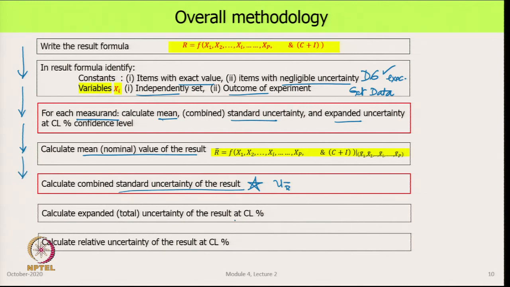Then we get the value of KCL, and from there we get U r bar, and then the relative value, u hat r bar. And then we use this data for doing whatever conclusions or any other analysis we want to do with this. So, this is broadly the post-test scenario.